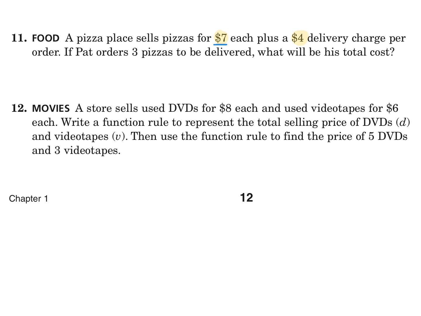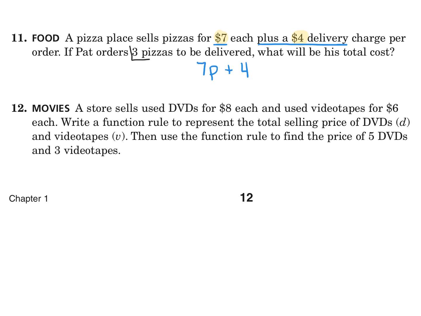What are we going to do with our P? Are we adding to our P or multiplying? Multiplying. Yeah, so we're going to do 7 times P, but now what do we have to add? The $4 delivery fee. So we're going to do plus $4. So it doesn't matter how many pizzas you order, you're always going to add on $4 for the delivery fee.